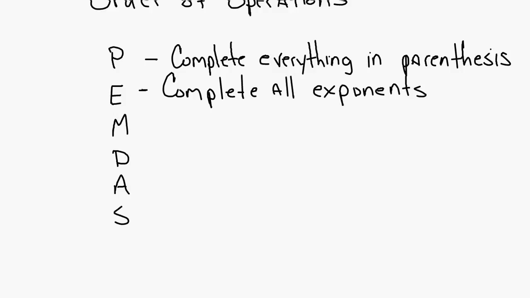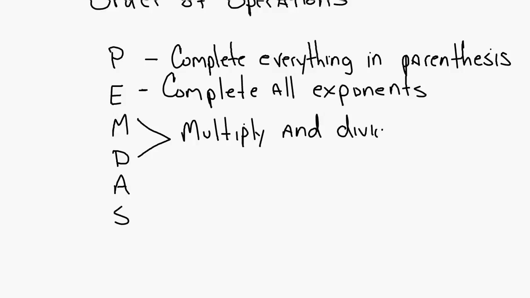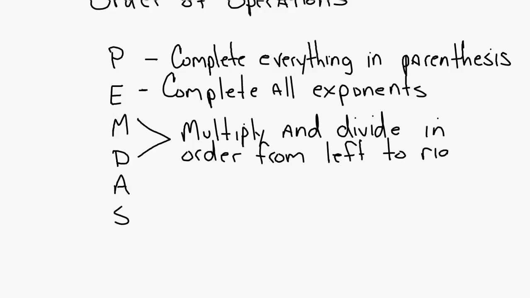Now the M and the D need to be combined. That means multiply and divide, but you multiply and divide in order from left to right.